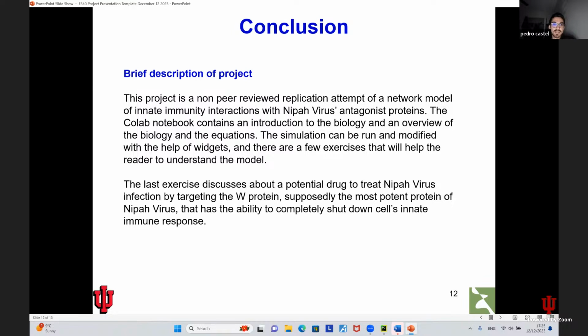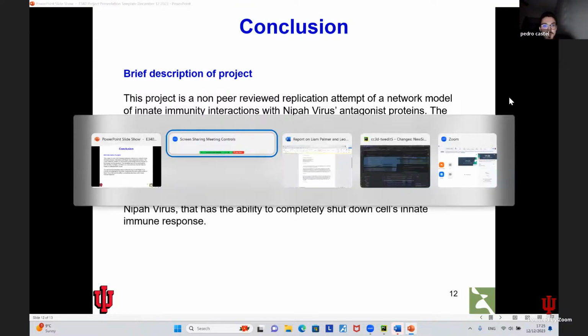And as a bonus, I added an exercise that discusses a potential drug to treat Nipah virus. This exercise considers targeting the W protein. It's a small discussion, but I think it's worth having.